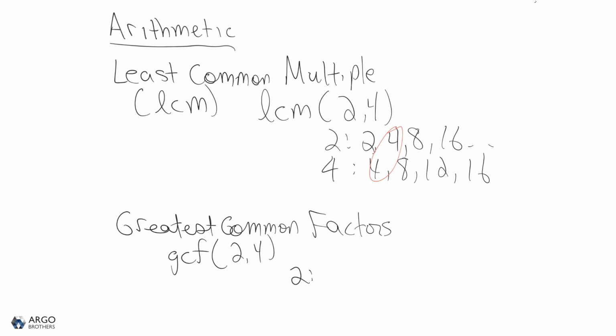The only factors we have are 1 and 2. And what are some factors of 4? The only factors we have are 1, 2, and 4. So what is the greatest factor that they both have in common? And that is 2. It's not 4 because 2 does not have a factor of 4. Great. So just get used to this syntax, GCF and LCM, as we'll be using it later on.